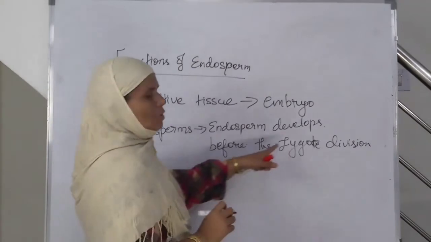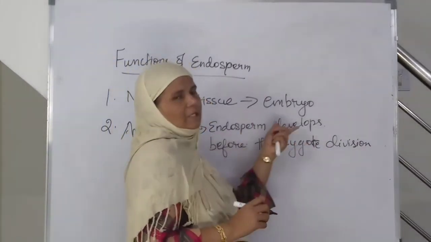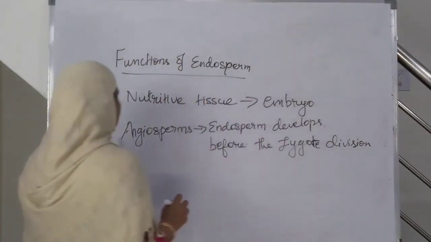Before the zygote starts its development, the endosperm is developed in most of the angiosperms.